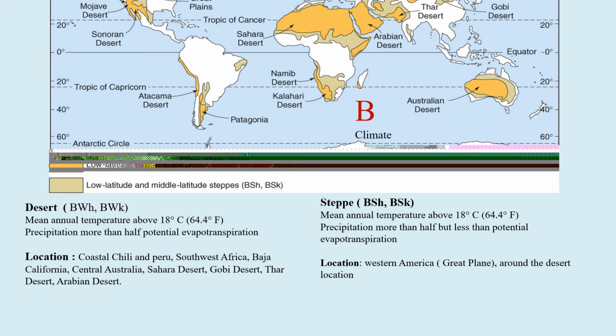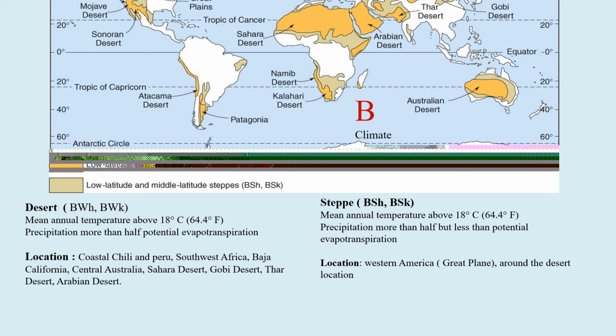So the difference between desert and steppe climate in terms of the precipitation is that the precipitation in desert climate is less than half of potential evapotranspiration, and in the steppe climate, that is also B climate, precipitation is more than half but less than the potential evapotranspiration.